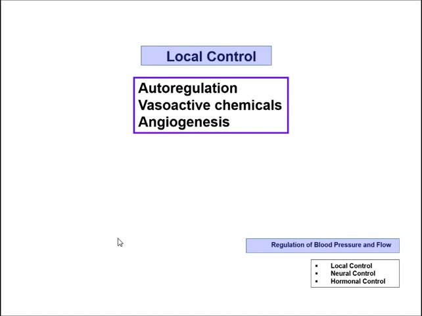In addition, if we have a damage to arterioles or vessels leading to an area of tissue, our body will often try to create a new route of vessels to make sure that the blood makes it to its destination. Okay, so those are the local controls.